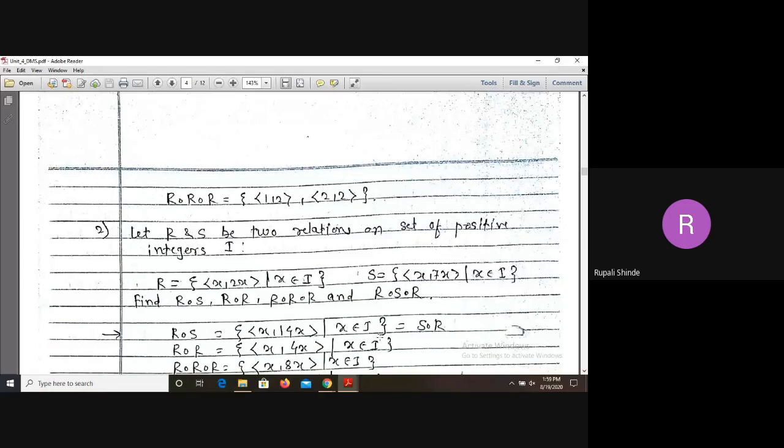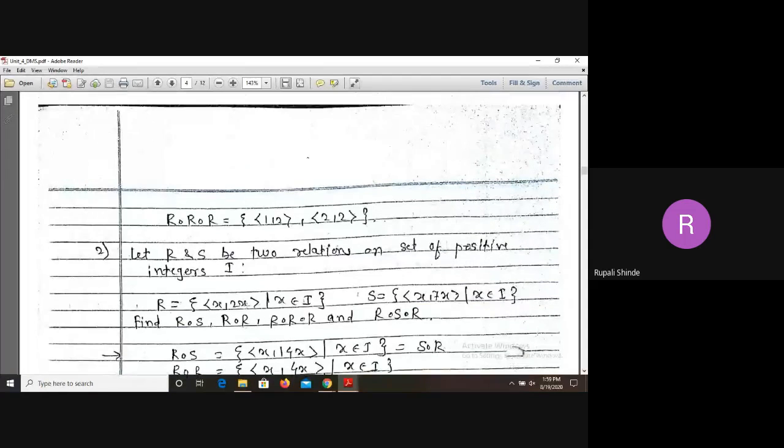Did you understand what was done? Yes, ma'am. Okay. Now next we have to find R composition R. Now what is given, relation R is x comma 2x. Now again we have to take its composition with R only. So again R becomes x comma 2x.